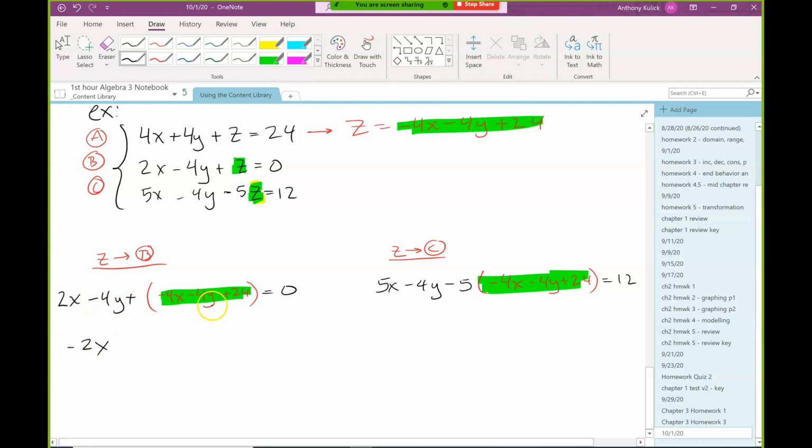I have negative 4y and another negative 4y. That gives me negative 8y. And then I have a plus 24 is equal to 0. I'm going to go ahead and move that 24 to the other side by subtracting. And I'm going to refer to this now as equation D.